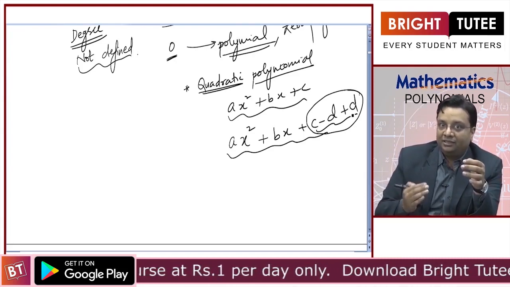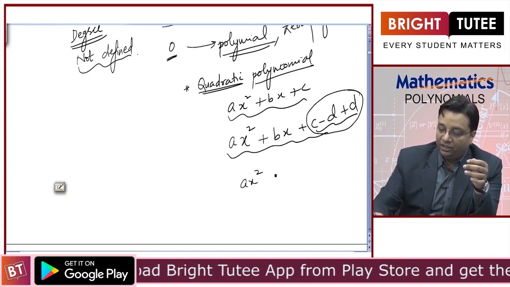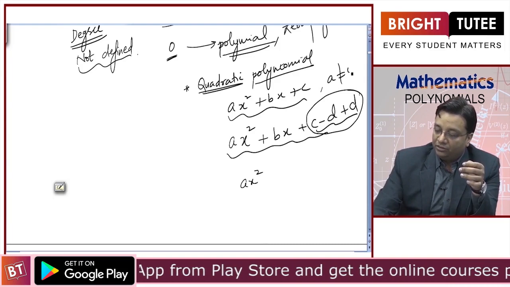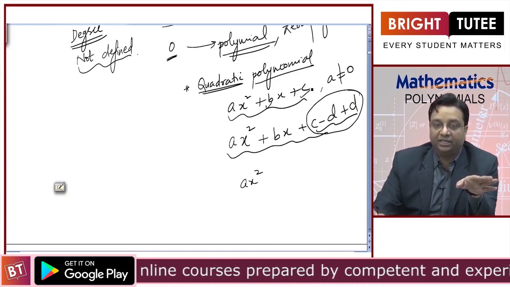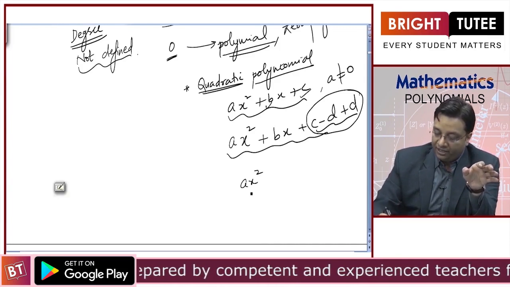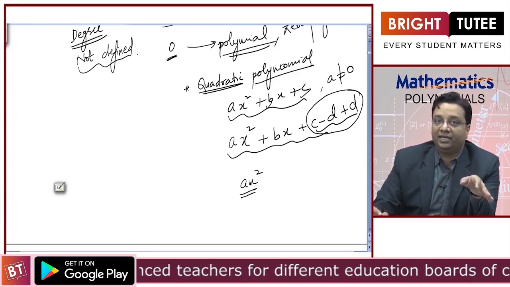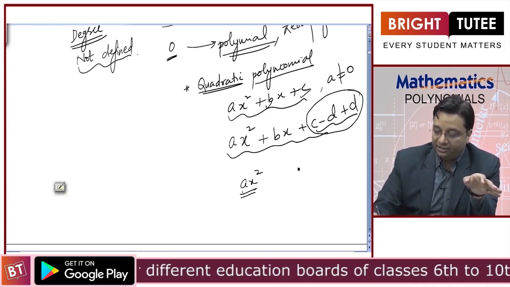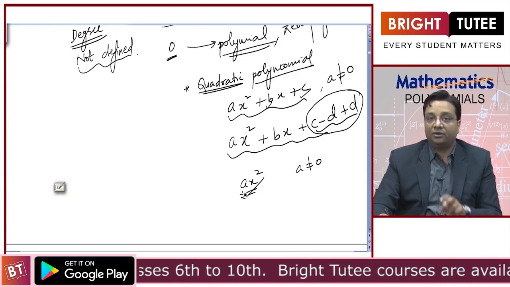You can have less than 3 terms because ax square is also a quadratic polynomial. When I say a is not equal to 0, it is a quadratic polynomial. B can be 0, C can be 0, okay. This is still a quadratic polynomial because it has got highest power of x as 2, okay, and a is non-zero. So, it is a quadratic polynomial, but it has got number of terms as 1.